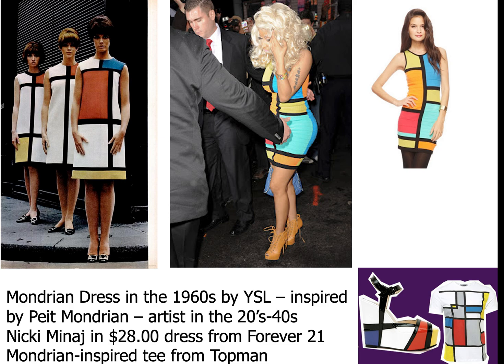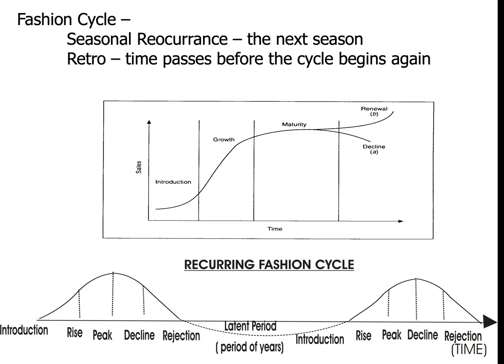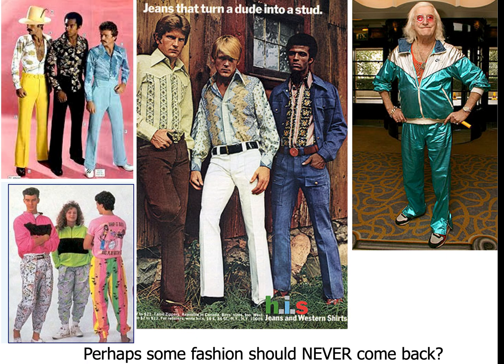You can see it here, Nicki Minaj wearing it, and other companies like Forever 21 knocking it off. So here we can see the cycle of a recurring fashion or a retro. So you have the original cycle that would have happened in the 60s, and then you have nothing for 30 years, and then you see it come back in the 90s. Some things just should never, ever, ever come back, right?